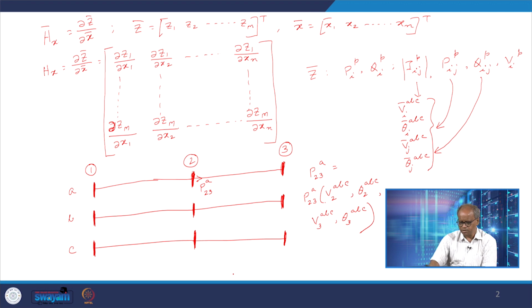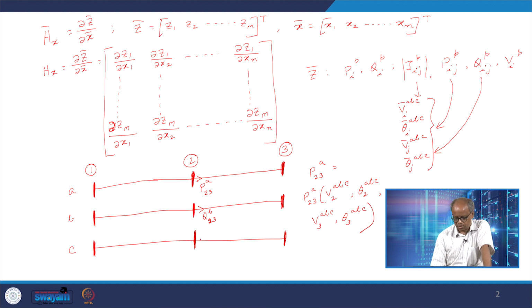Similarly, if there are other buses also, bus 4, bus 5, P23A will not be a function of V4A, V4B, etc. Similarly, if I measure Q23B, it will also be only a function of V2ABC, theta 2ABC, V3ABC, theta 3ABC.